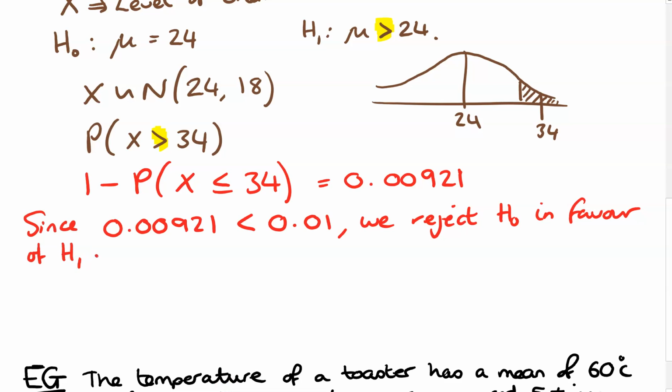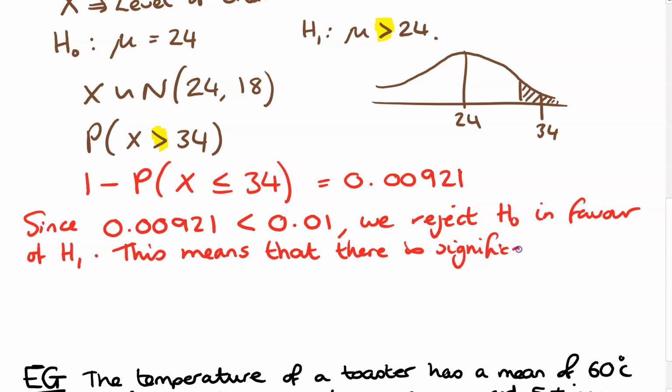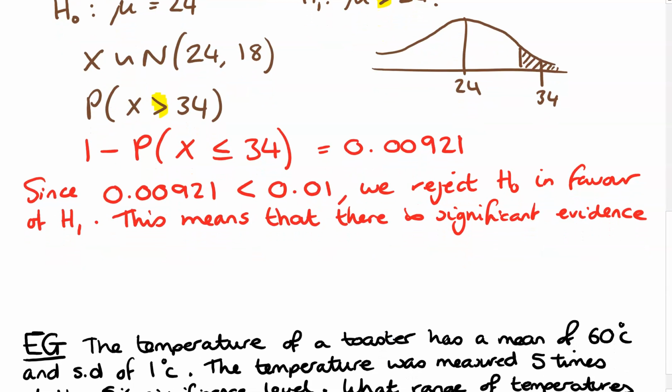Now put your context by it. So this means that there is enough evidence, or that there is significant evidence, you learn these passages off by heart after all.